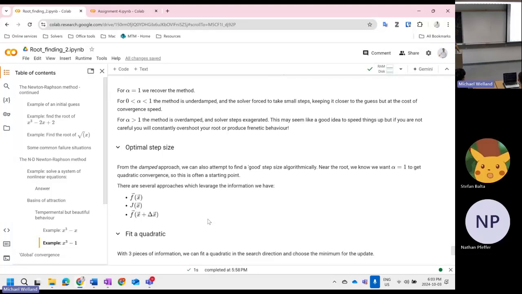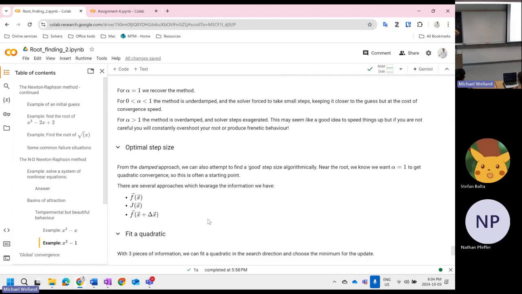And if we have 3 pieces of information, remember we're looking along a line, right? How would we find the optimal point if we have 3 pieces of information? What's an easy way to do that? Do you understand what I'm asking? So we're over here.